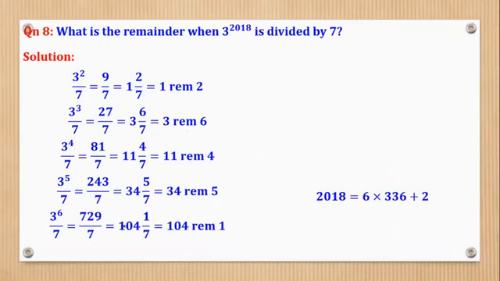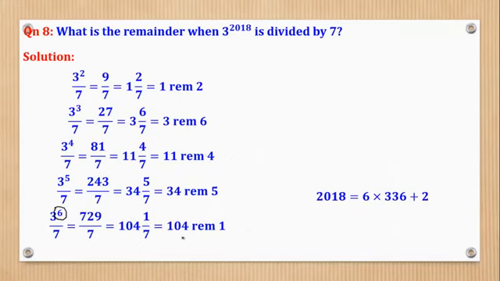So here it means that for multiples of 6, the remainder will always be 1. Therefore, this 2 and 280 is, when you divide this by 6, you get 336 and the remainder 2. So that means this is the same as 3 to the power 6 times 336 plus 2, if you use a calculator.